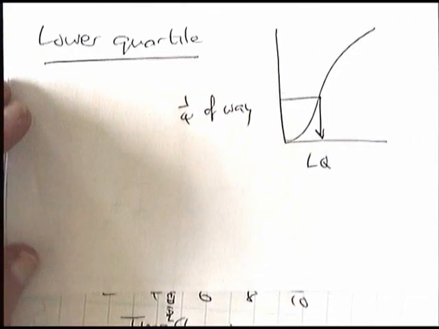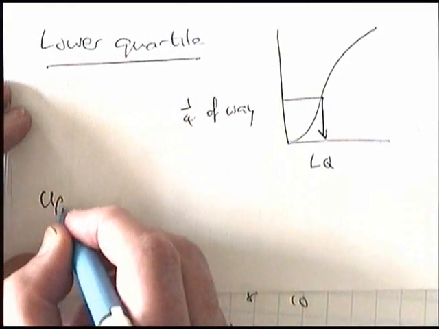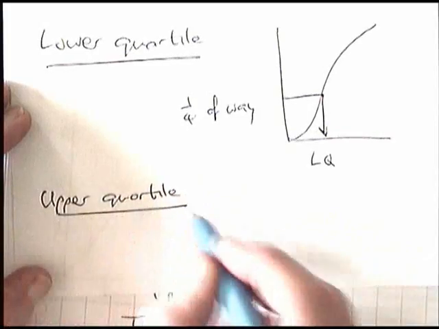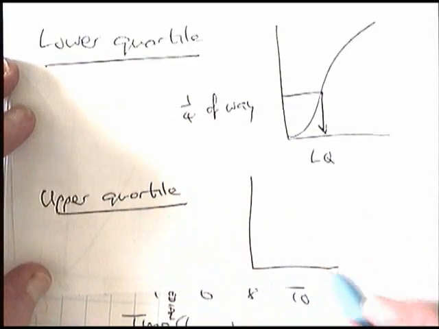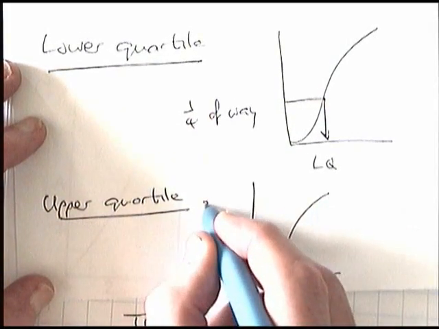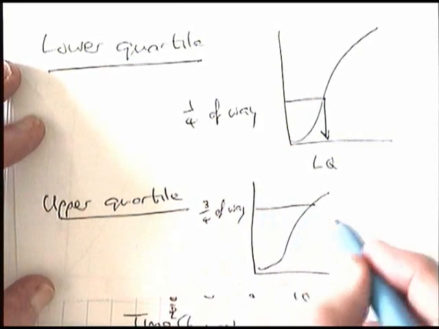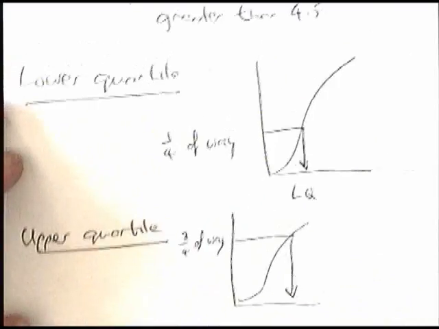And in a minute we're going to do this neatly, but we might as well just do one more at the same time in your books. The upper quartile, and you probably won't be very surprised to find out that for the upper quartile, you do 3/4 of the way up from the bottom, along to your curve and down.